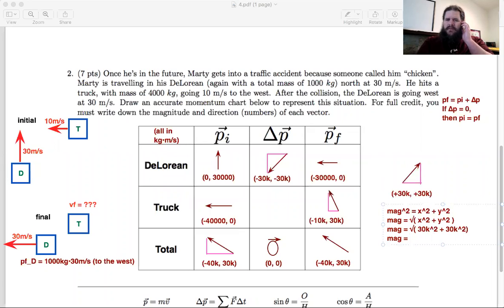And usually we just plug those into a calculator, but in this case, we can use the special case that the x and y components are the same. So we could just say that's 2 times 30,000 squared. And then we could split that up: square root of 2 times the square root of 30,000 squared, the squared and square root just cancel out. So in this case, the magnitude is just going to be square root of 2 times 30,000.